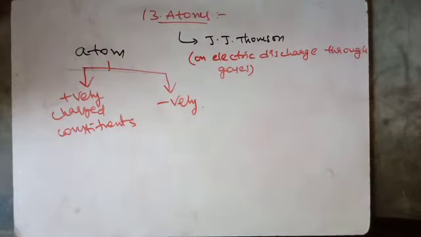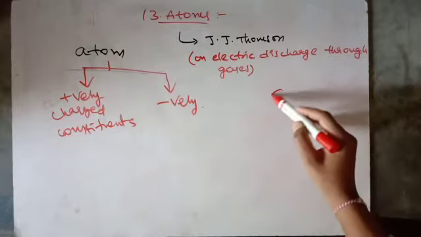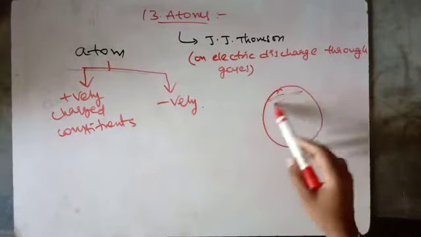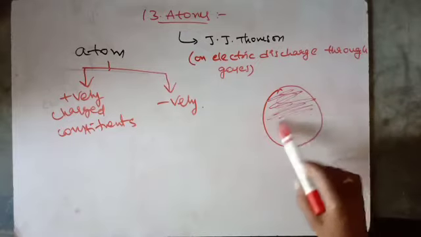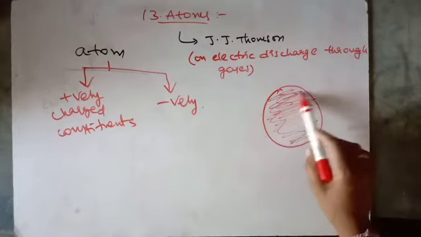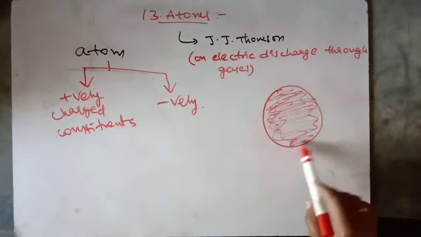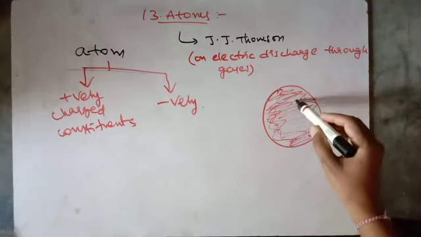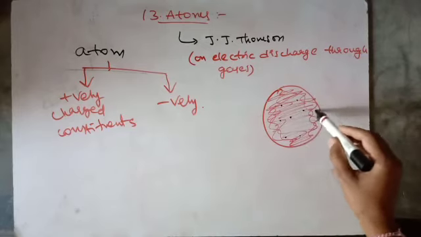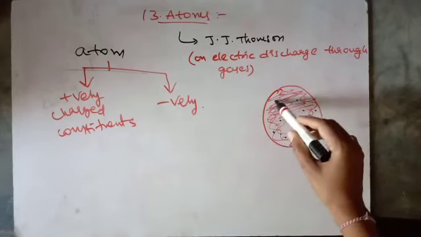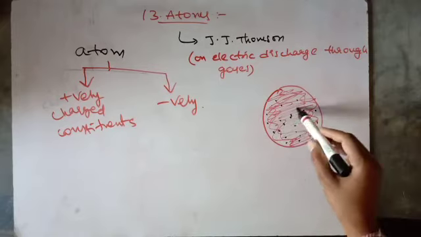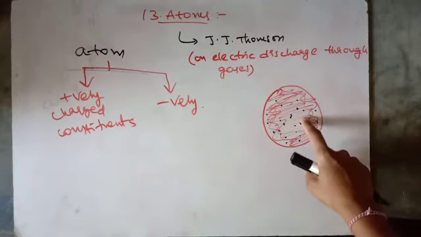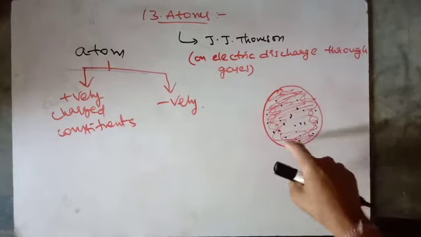According to Thomson, the atomic structure is such that the positively charged particles are uniformly distributed in the atom, and the negatively charged particles are embedded just like seeds of watermelon. Embedded is nothing but fixed deeply in the surrounding mass.